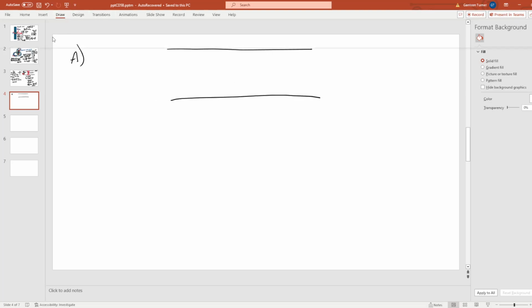We have current density that looks like this.